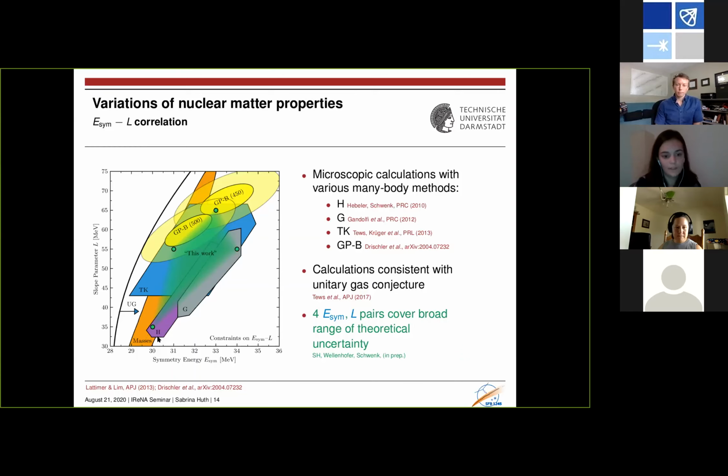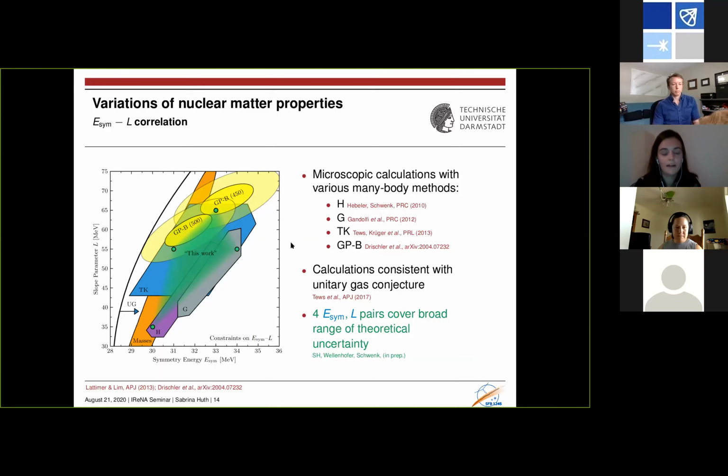Okay, so here we have four different calculations, which you can see here: this H from Hebeler and co-workers, and TK and also GPB. These are actually three calculations that I showed you already in the last plot for the energy per particle of pure neutron matter. And then we have here an additional one from Gandolfi et al.